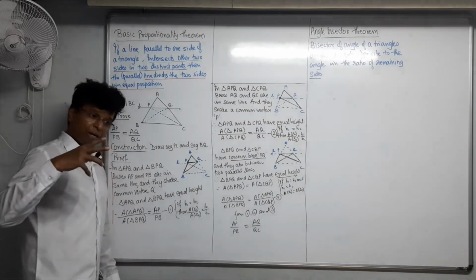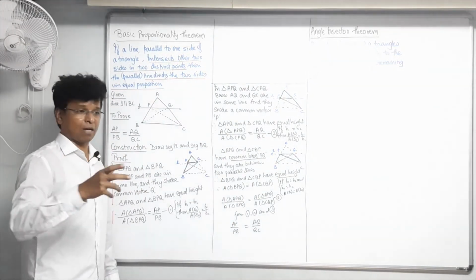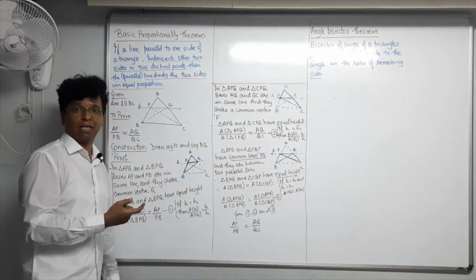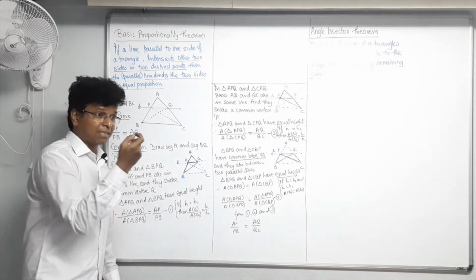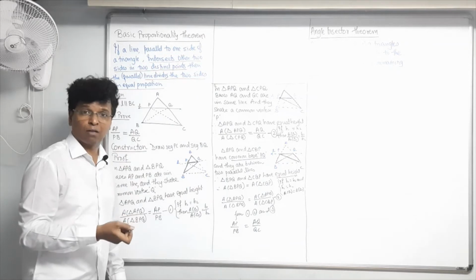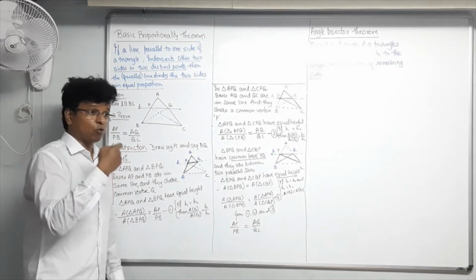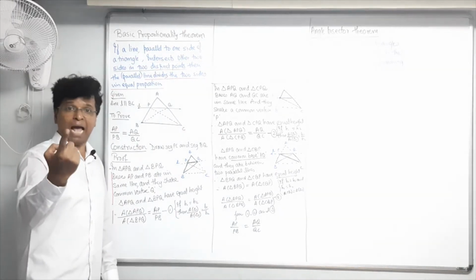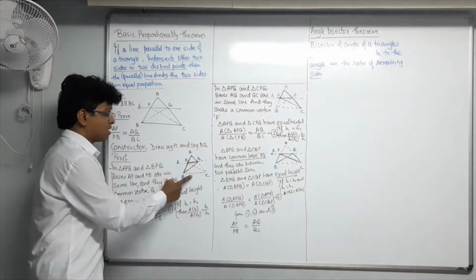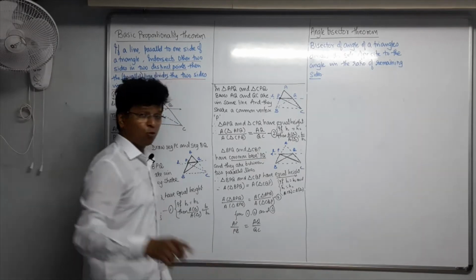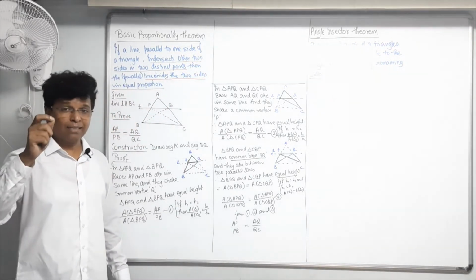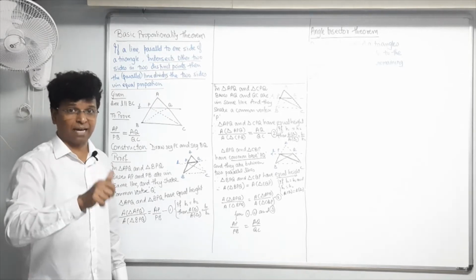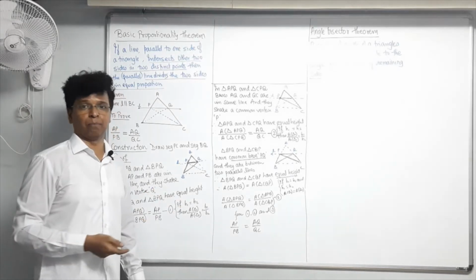Do this. Once you become the master, your eyes track the diagram nicely, your brain can see without the pencil being drawn. You will be able to speak to the diagram. The diagram speaks back to you. This will happen. But unless and until you do this exercise, your eyes and your brain will not be trained to track the diagram, to read the diagram, to speak to the diagram.